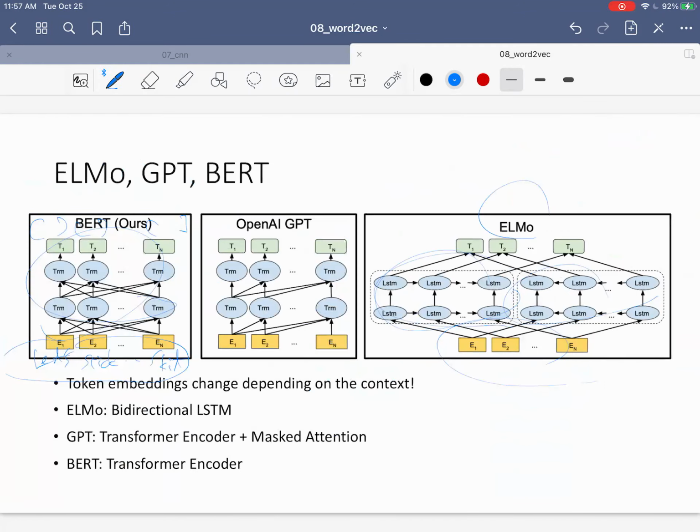But it used a forward LSTM and a backward LSTM to embed the sentence and retrieve the word embeddings. BERT uses transformers, so it's a bit better than LSTM. OpenAI's GPT is a bit different. It's a language model mainly used for generating new words and new sentences, so it's a bit out of scope. But BERT and Elmo are kind of the same thing, right?